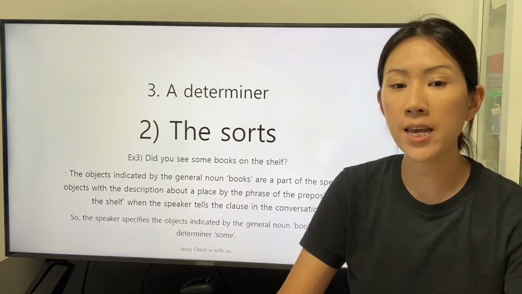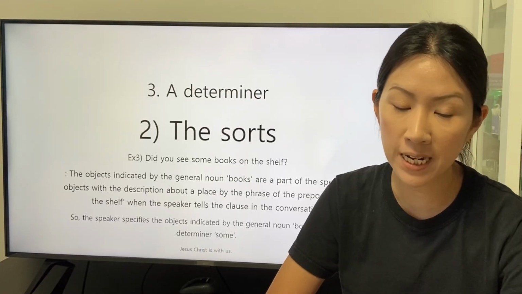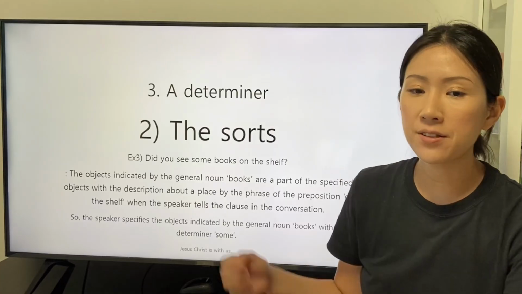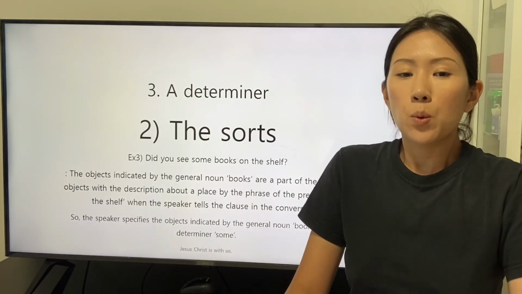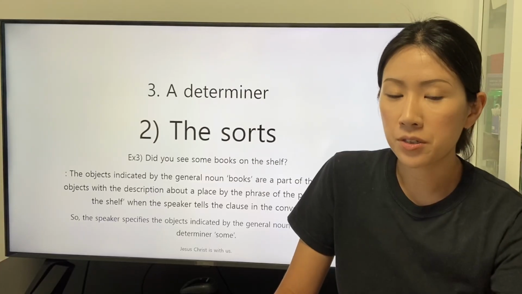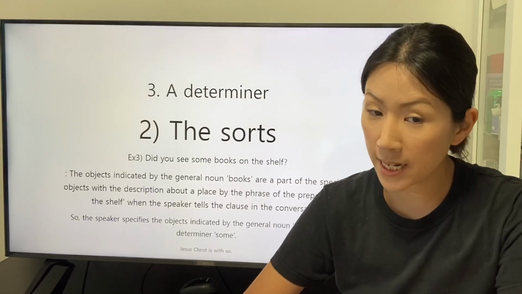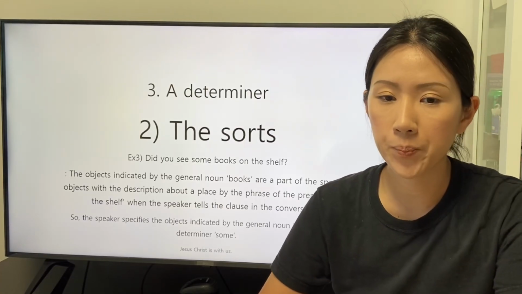The object indicated by the general noun books are a part of the specified object with the description about a place by the phrase of the preposition on the shelf. When the speaker tells the clause in the conversation, the speaker specifies the object indicated by the general noun books with the determiner some.